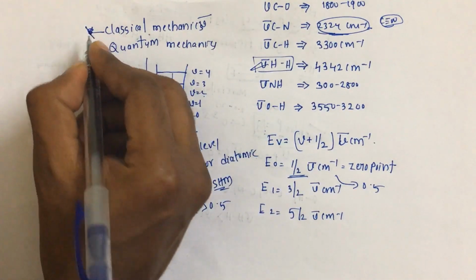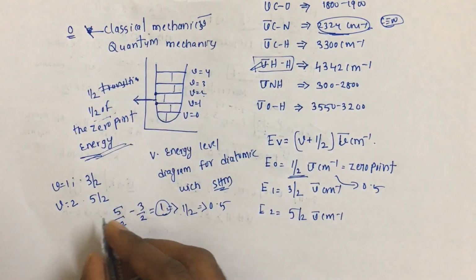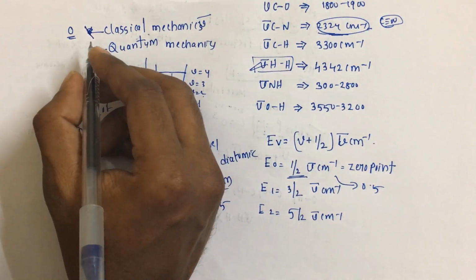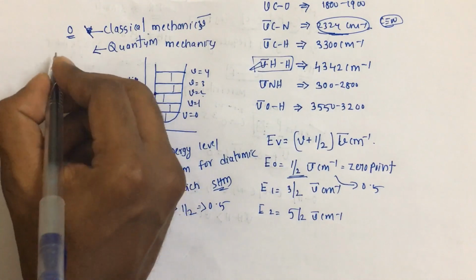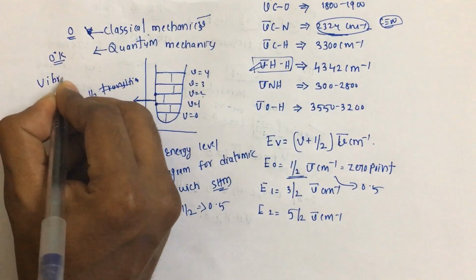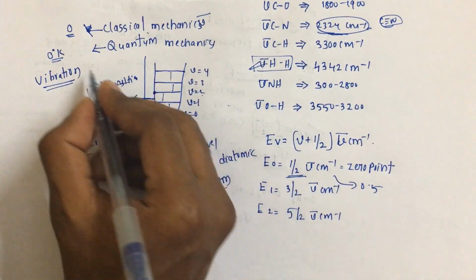According to classical mechanics, the zero point energy is equal to 0. But according to quantum mechanics, the molecule, even at 0 degrees Kelvin, shows some vibrations, and in this case the zero point energy cannot be 0.